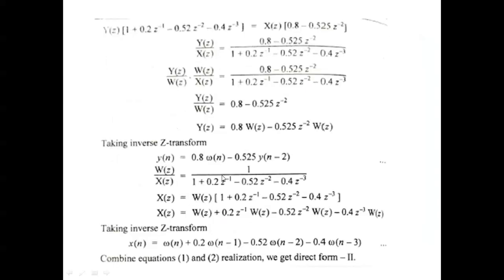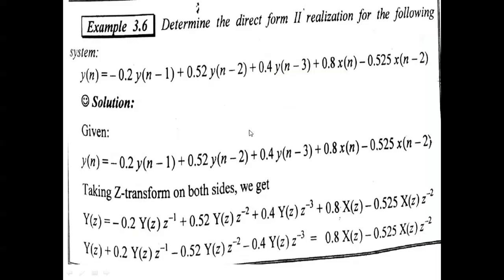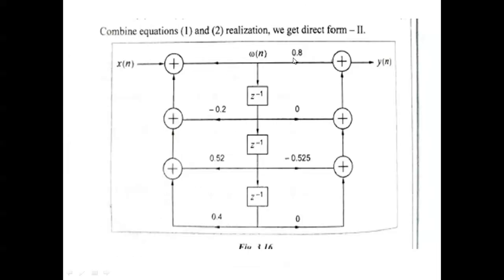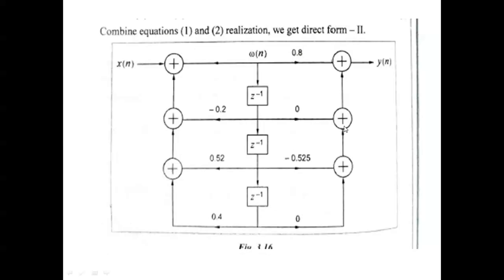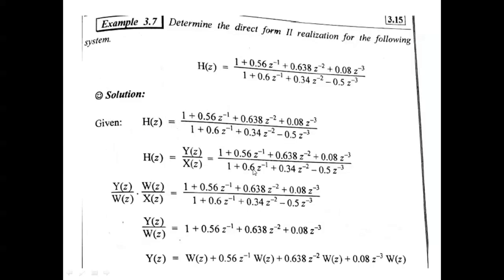Similarly for the y of z side, 0.8 for the W of z at the top. Then for the first delay z minus 1 it is 0, then 0.525 is the value, and the remaining is 0. So this is the direct form 2 diagram.